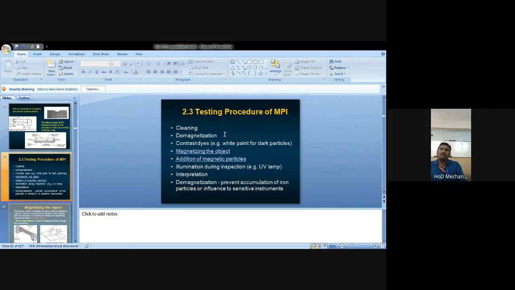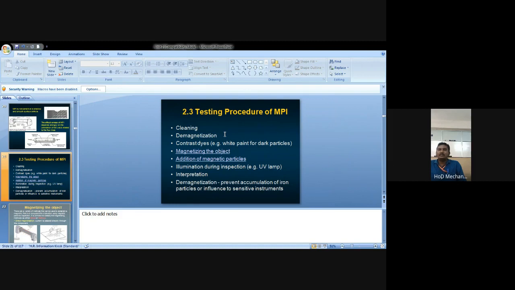The second one is, if the testing specimen already has any other type of magnetization in it, we have to demagnetize it so that it is at zero, that means neutral, using the demagnetization method.